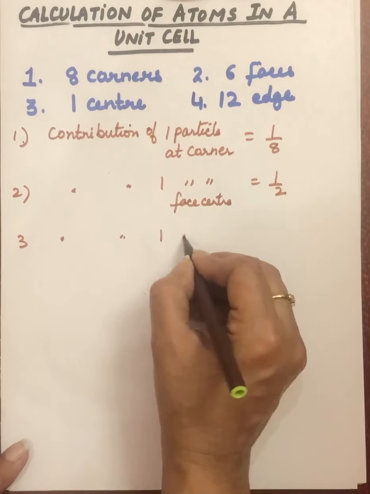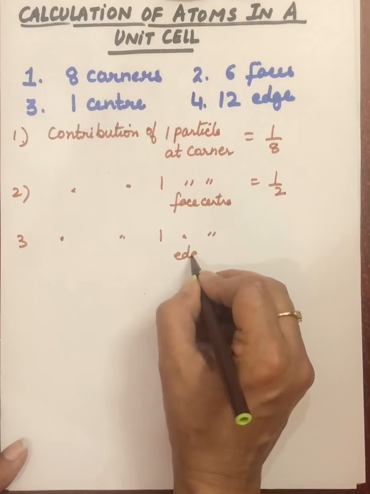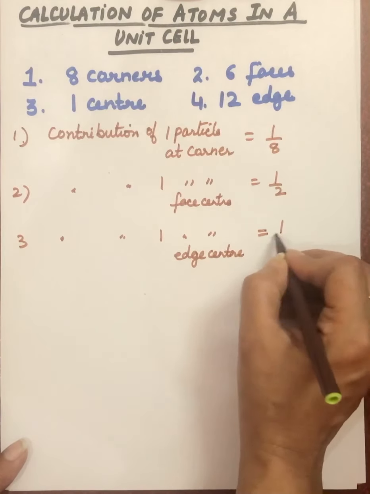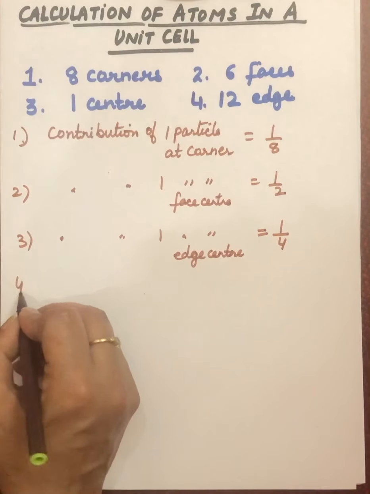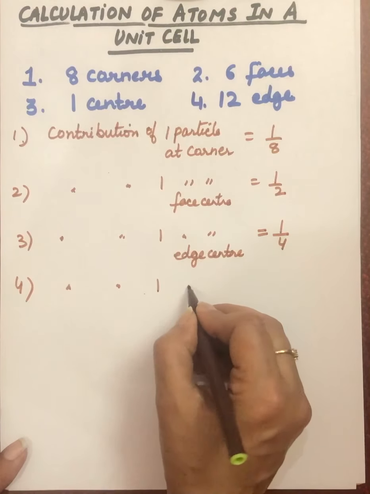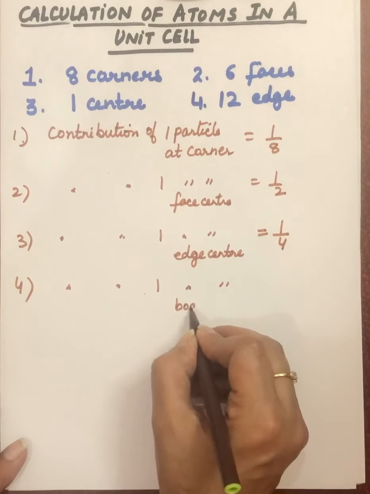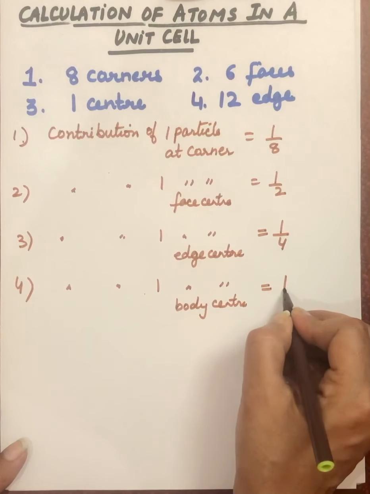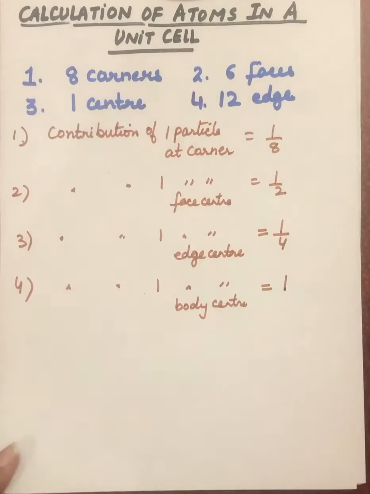Contribution of one particle at edge center is 1 by 4. And contribution of one particle at body center is equal to 1. Now how are we getting this?